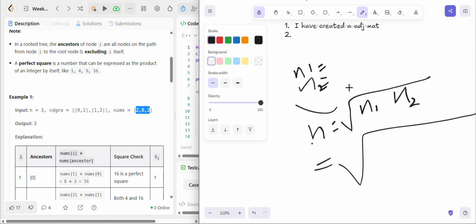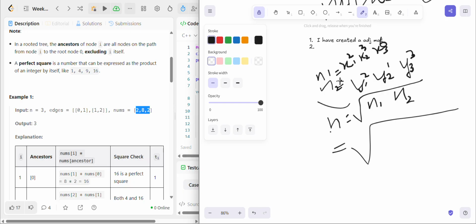So if n1 has something like x1 power 2, x2 power 3, x3 power 6, and n2 has y1 power 2, y2 power 1 and y3 power 3.